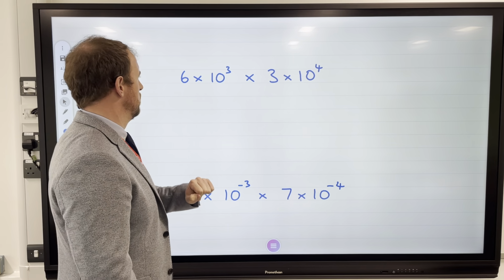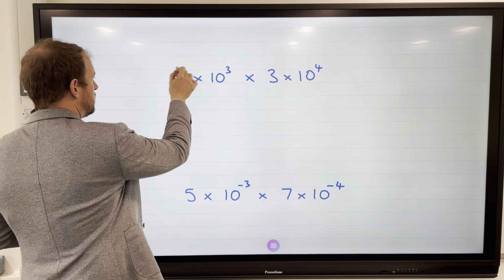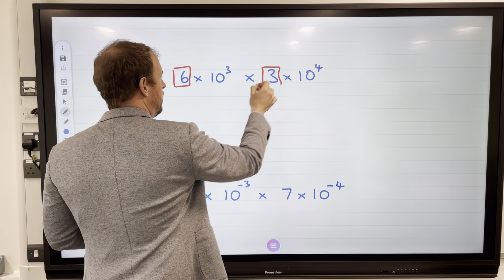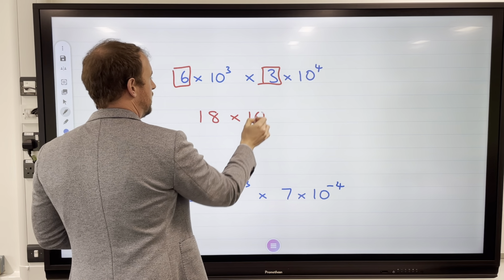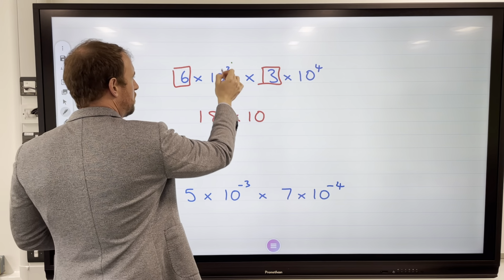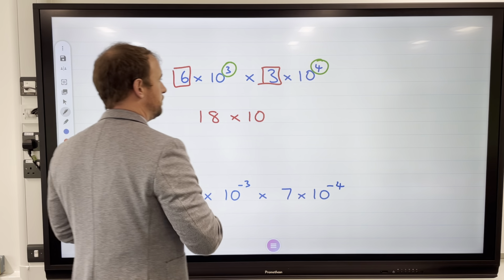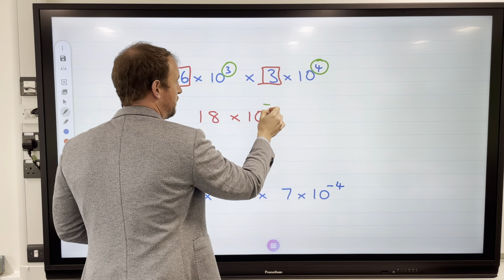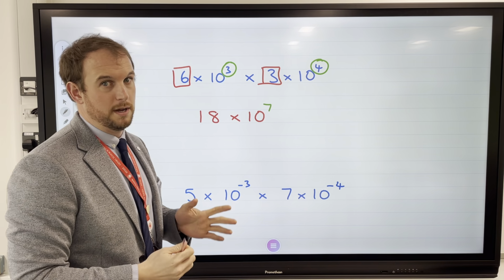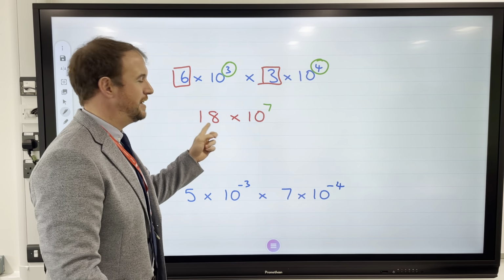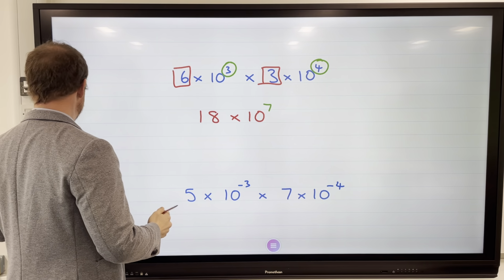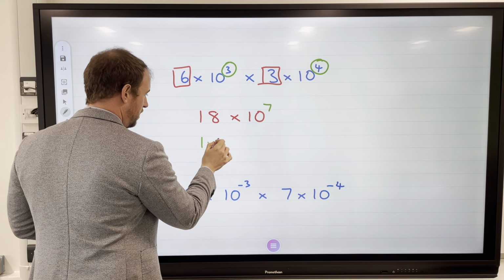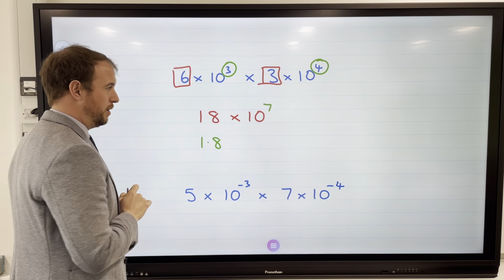How about here though? I've got 6 multiplied by 3, which is 18. We know it's going to be times 10. But then when we multiply we add the powers, well, 3 add 4 is 7. Job done, you might say. However, this is not in standard form, because to put it in standard form, it needs to have 1 digit in front of the decimal point.